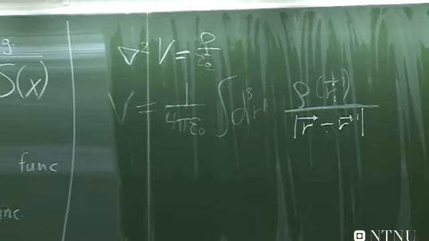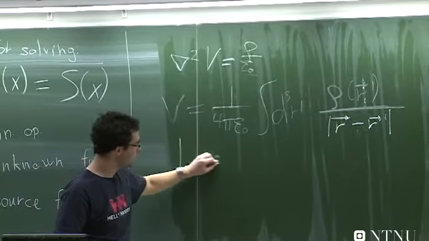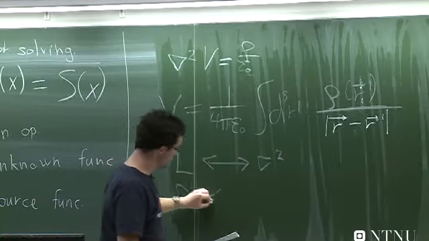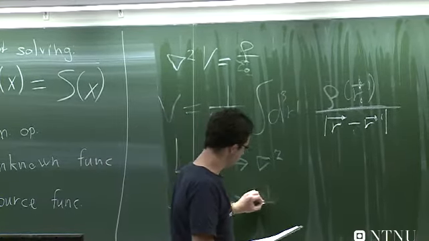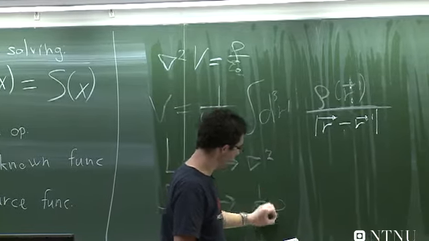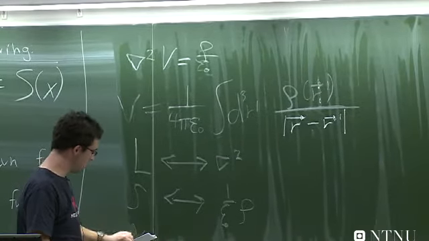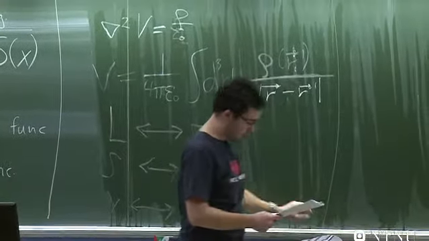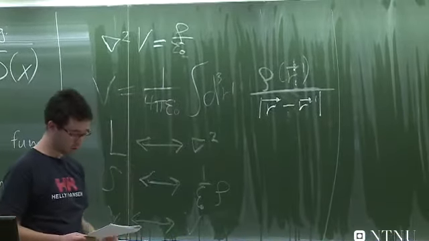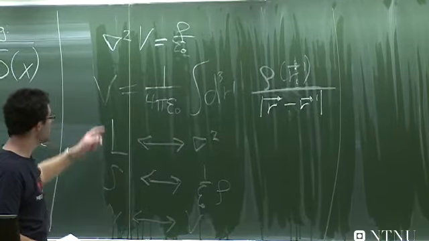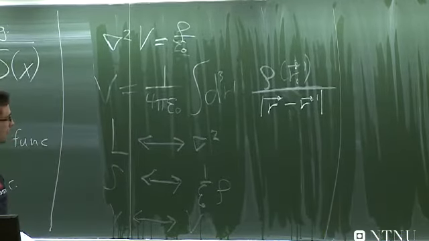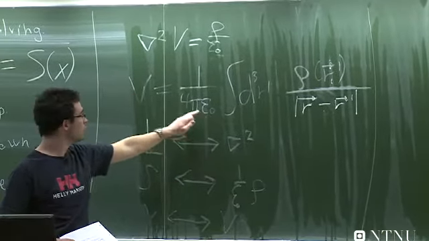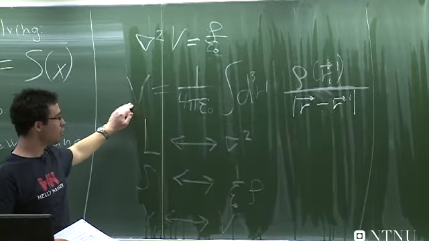There you go, the well-known solution. And as we saw, L is the nabla square, S is 1 over epsilon naught rho, and Y is V. And if I compare that to the Green's function solution, I just stare at this equation here, I see that rho over epsilon naught is the source. This is the unknown function.